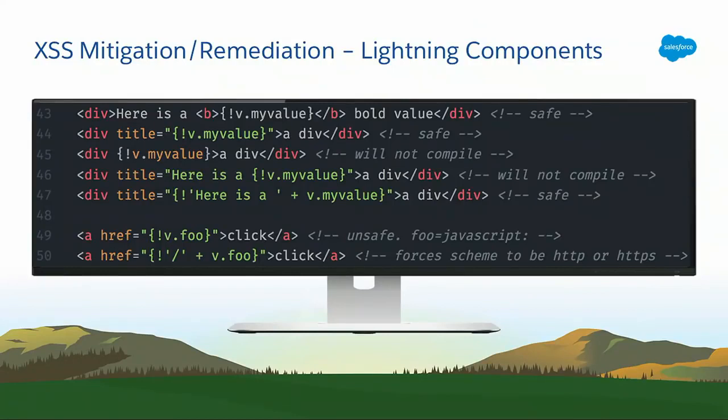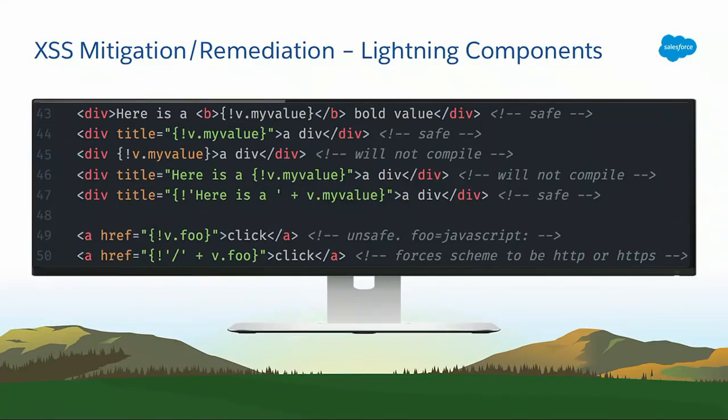The third one here isn't going to compile because basically we're saying this div tag is going to have some arbitrary property that's specified by something in the database, and that's just not going to work for you. Same thing with the fourth one here, where we're trying to embed into our title some value. But the fifth one here, where we're taking that same value and concatenating it, that is going to work for you.